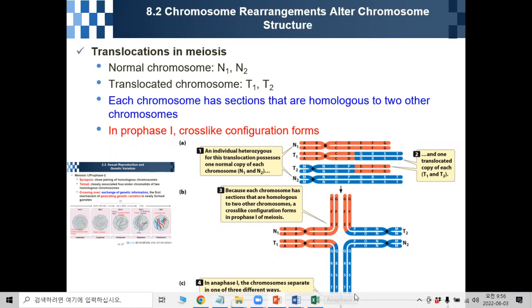In prophase 1, A, B, C, D, G, F, E, and in this case P, Q, and M, Q, R, S, T, right? They will make the cross-like configuration like this.